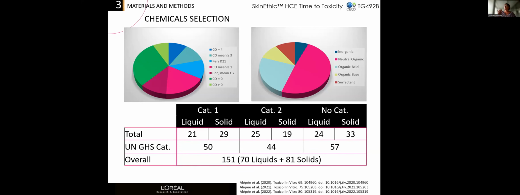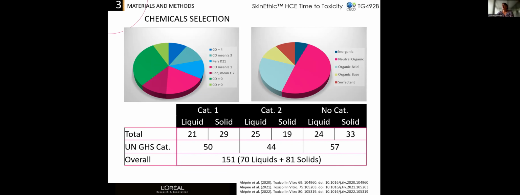And so we also follow the recommendation of this for the selection of the chemicals for the validation study. All the chemicals that were selected here, over the 151 chemicals, met those selection criteria, except one, to be fully transparent with you, to really minimize such a high uncertainty.